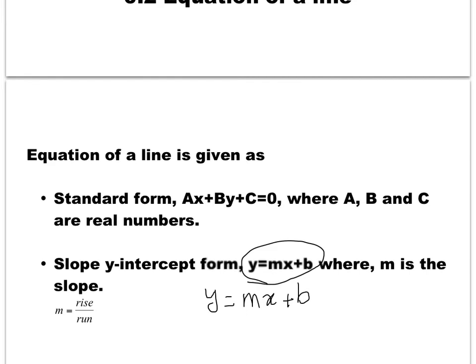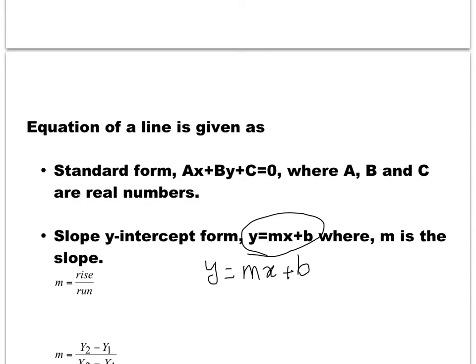If you remember from grade 9, slope is rise over run. So the number beside x is always the slope, if I give it to you in slope y-intercept form.